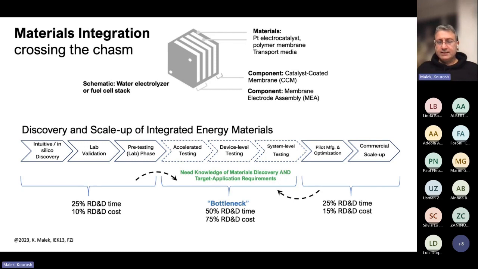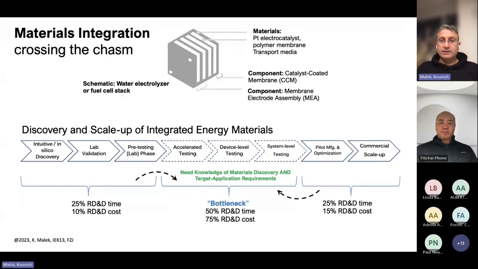Understanding the requirements at those commercial and application scales, combined with what you understand in the lab, creates a sort of chasm that has to be crossed, and as we call it, the integration chasm. And this is really the bottleneck of a lot of research in the lab bridging into commercialization, and that's where the majority of the effort and the money and cost would be on the R&D, development and demonstration side.